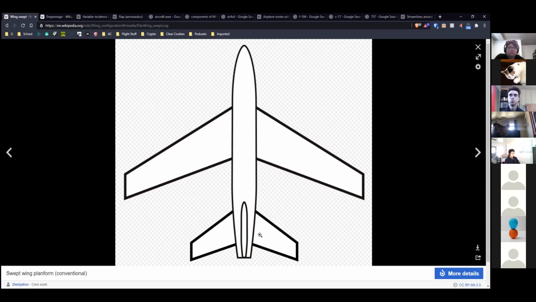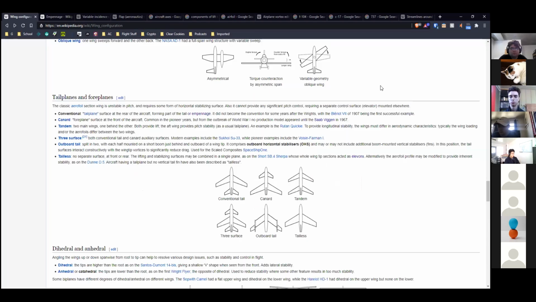So to change the pitch, you have to create a force away from the center of mass. And if the center of mass is literally inside the wing, you're not really going to be able to get any moment around the lateral axis to change your pitch. The tail is very far from the center of mass, so that's a good place to put some control surfaces and get a moment going.